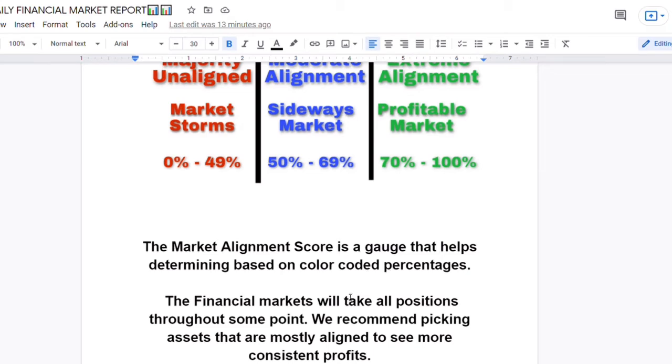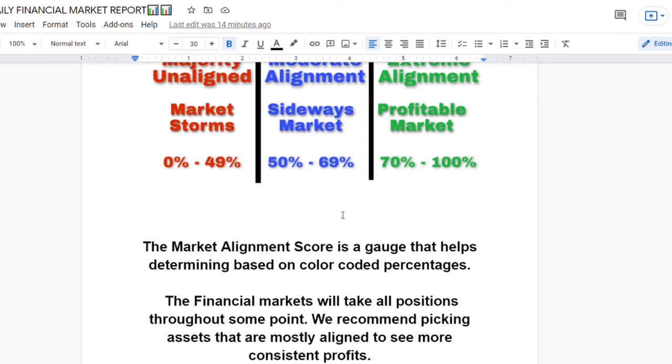It basically will help you determine what type of market condition you're in. The financial markets will take all positions at some point. We recommend picking assets that are mostly aligned to see more consistent profits. This is going to have to be cleaned up a little bit, the grammar.